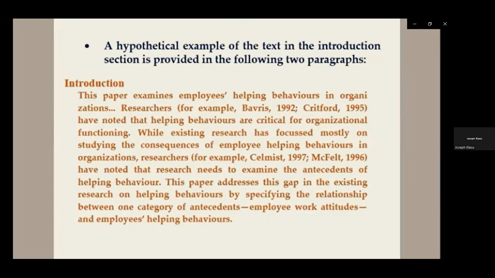Now, while existing research has focused mainly on studying the consequences of employee helping behaviors in organizations, researchers, for example, Clemens 1997, Maxwell 1996, have noted that research needs to examine the antecedents of helping behavior. This paper addresses this gap in the existing research on helping behaviors by specifying the relation between one category of antecedents, employee work attitudes, and employee helping behaviors.